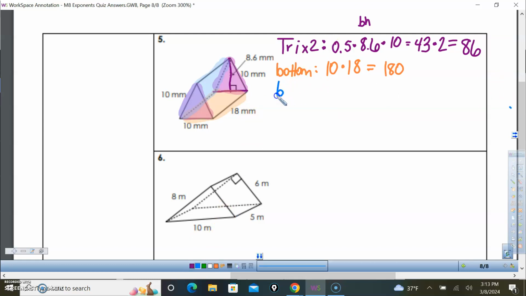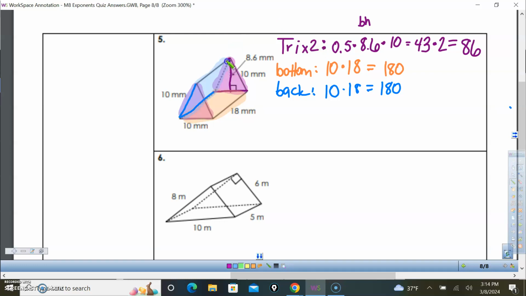So the back of my shape here, I can see is, this is the height of the rectangle, so 10, and then the length is 18. So again, it's 10 times 18. So that's a quick and easy one for us to do, 180. So it did happen that those two were congruent. We didn't know for sure that they were congruent, but now that we do, we know we've got two that are 180.